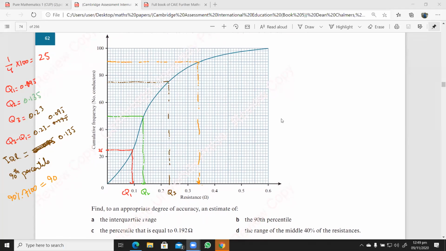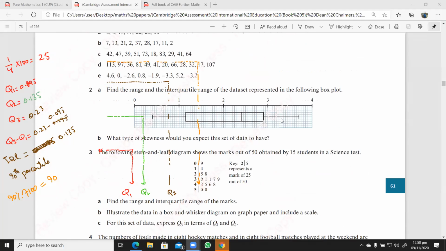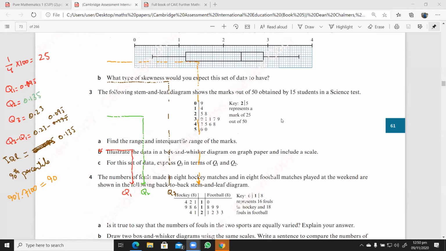Now, this box and whisker plot is always drawn on graph paper. So I'll be using this graph paper over here, and I'll show you how we draw this box and whisker plot. In a box and whisker plot, you have to show the scale through a horizontal line. Can you see this line over here showing from 0 to 4?